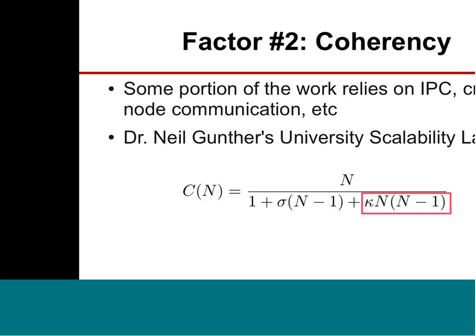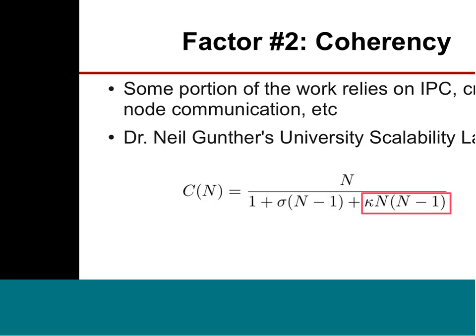So this models a system where there's some serial portion, and then there's some portion of work that requires crosstalk or coordination among the workers on the system. And the part that I've highlighted in the red box there actually increases quadratically as the number of processes on the system increases. N times n minus 1 is essentially equivalent to n squared.